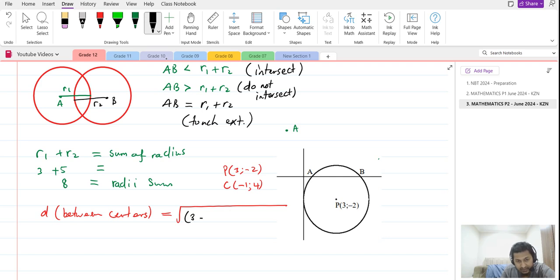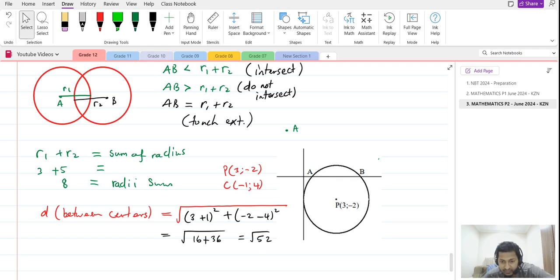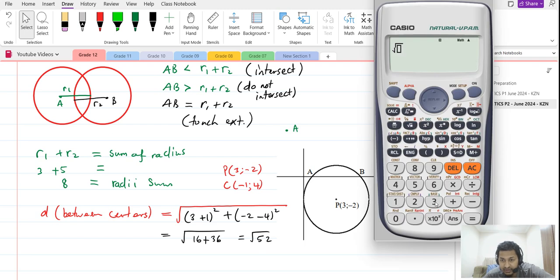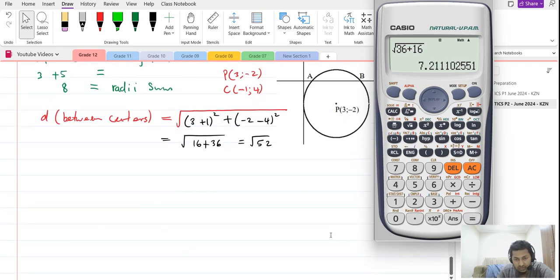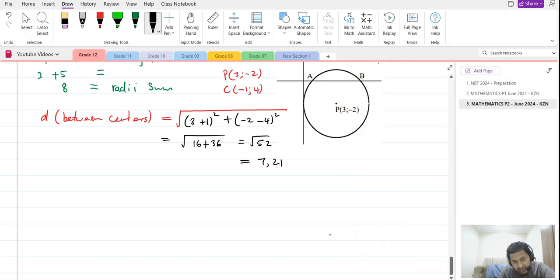So 3 minus minus 1 is plus 1, squared, plus minus 2 minus 4, squared. So what I'm getting here is the square root of 16 plus 36, which is the square root of 52. You can also work the entire thing out on the calculator. You're getting 2 root 13, which is 7.21. So the answer is 7.21.